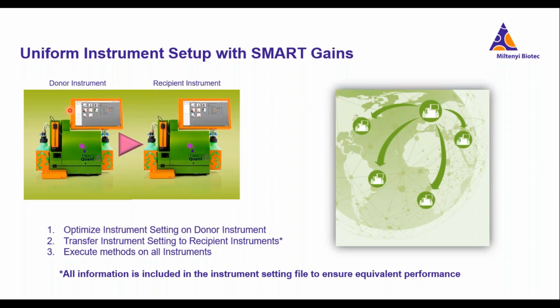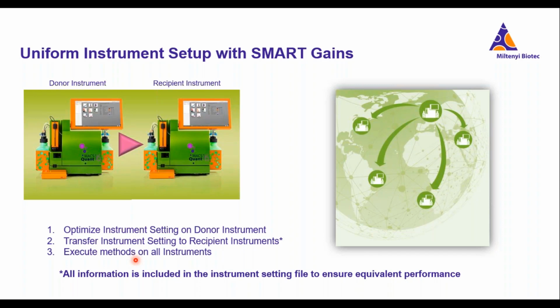So what we do is start with the donor instrument. We generate this perfect setting that you love, and you want to make sure that all systems are operating with those settings. Then you can transfer those settings to a recipient instrument. Now, you've optimized those settings on the donor instrument, you transfer them to the recipient instruments, and then you have the ability to execute your methods on all the instruments and verify that all these instruments are indeed generating the same data with the same sample, or across samples your data is consistent.